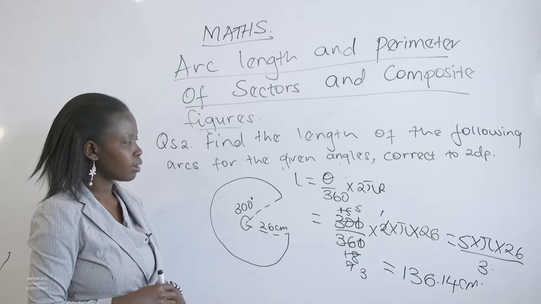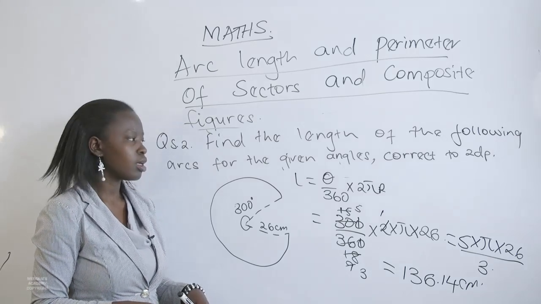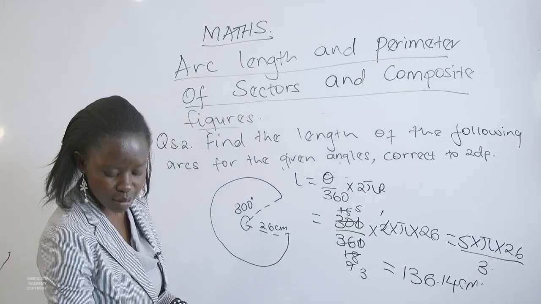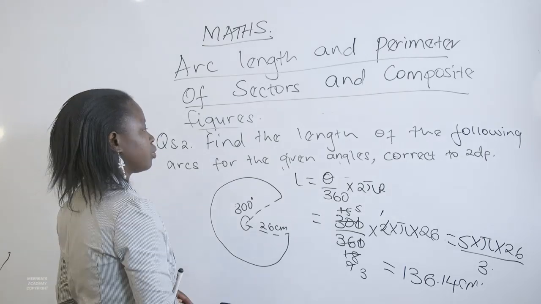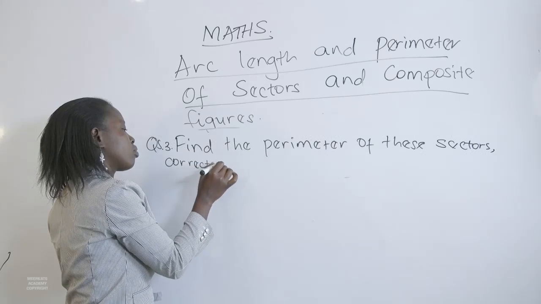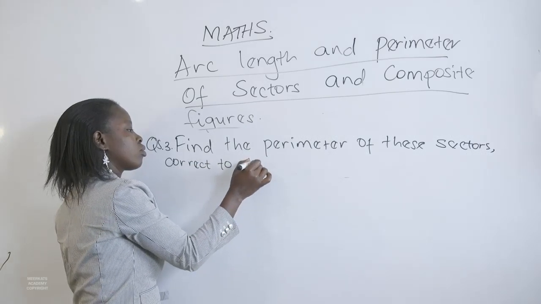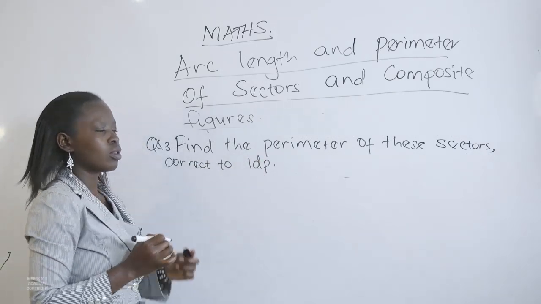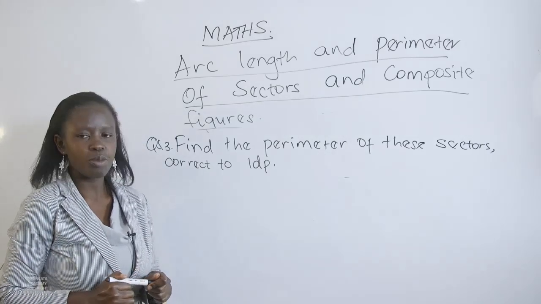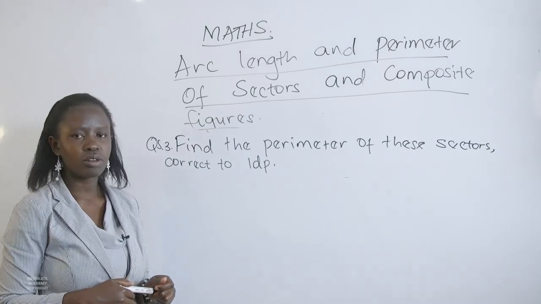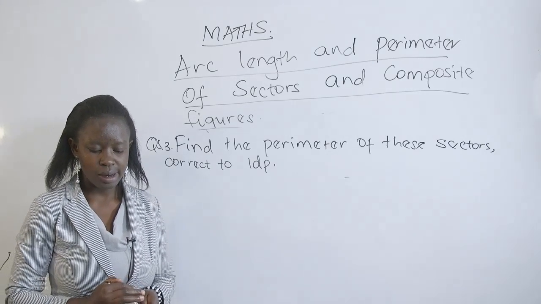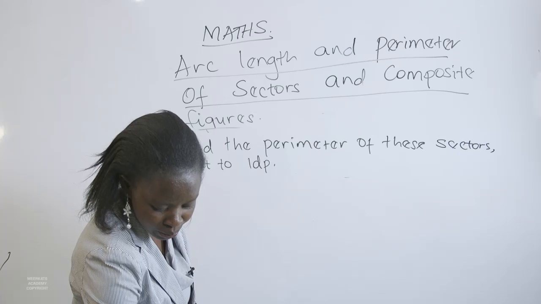Let us just look at an example. We are required to find the perimeter of the sectors that we are going to draw correct to 1 decimal place.